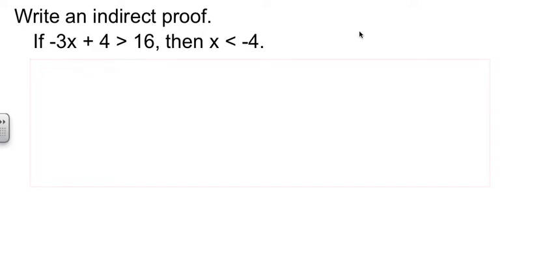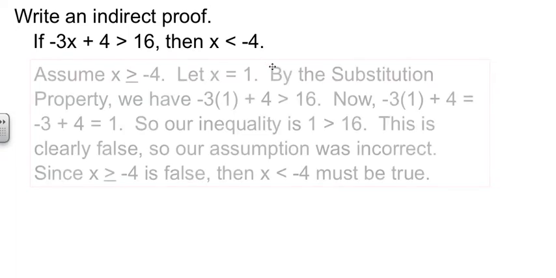So let's try to write an indirect proof. If negative 3x plus 4 is greater than 16, then we're trying to prove that means x is less than negative 4. Well, if we're trying to prove that x is less than negative 4, we need to assume the opposite.